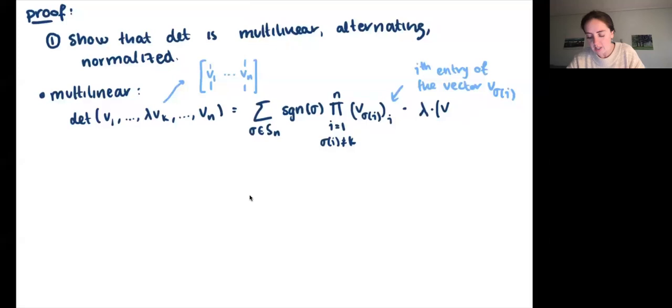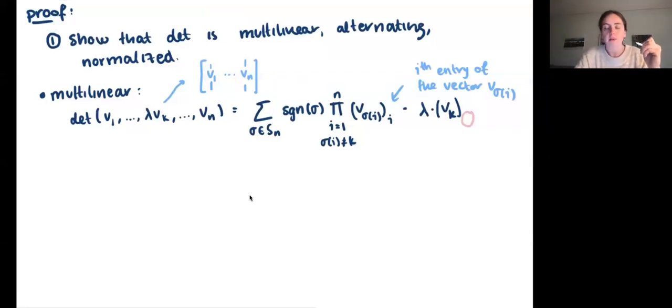We know that sigma of i is equal to k, and then we want whichever number. So what goes here? This is the number, let's say j, such that sigma of j is equal to k.